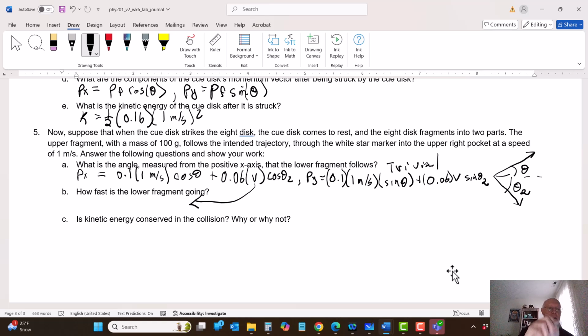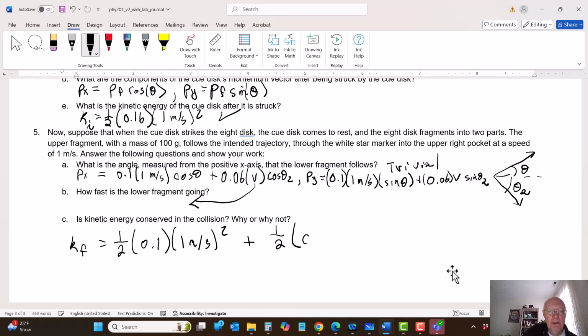So now you have the initial kinetic energy, which you solved here. We'll call this the initial kinetic energy. And the final kinetic energy is the sum of the kinetic energies of the two fragments. So we have 1/2 times 0.1, and they said it's going 1 meter per second. And then the other one is 1/2 times the mass, which is 0.06, times its velocity squared, which you get from here.